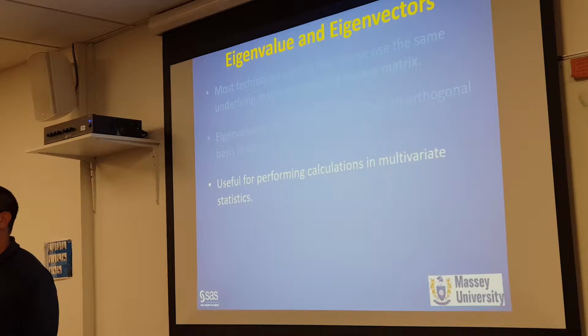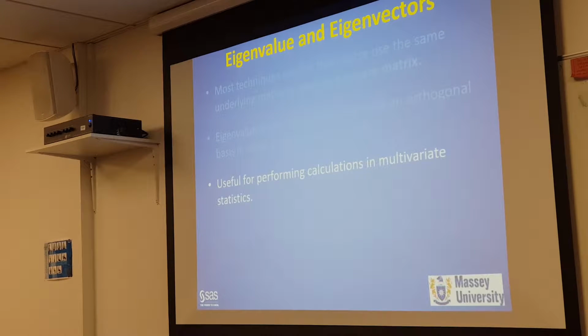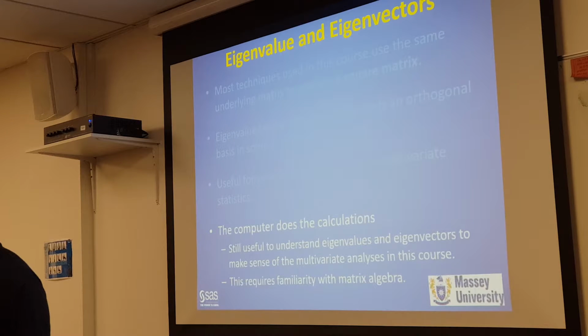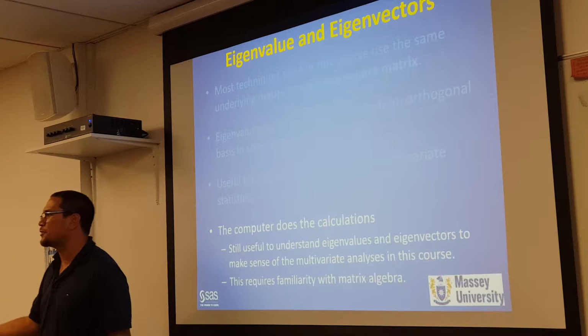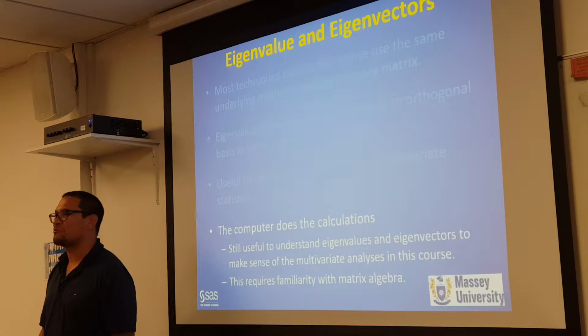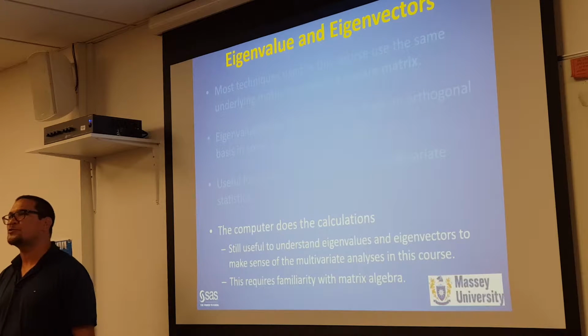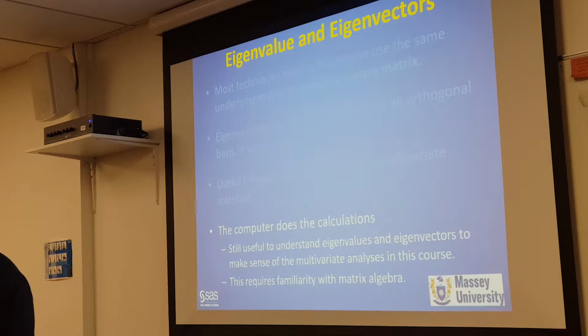So the eigenvalues and eigenvectors are important in a lot of ways. We'll use a variety of techniques. The good news is, in general, you don't have to do this by hand. The computer is going to do it for you, right? But it's still very useful to understand the basic maths behind it, so you get some idea of the intuition of what it's doing.